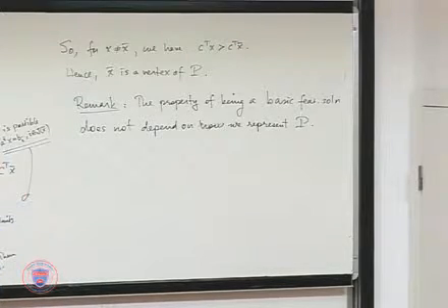Because basic feasible solutions are the same as extreme points, and extreme points don't depend on the representation. You have a set, and it doesn't matter how you represent that set. Let's talk about adjacent basic solutions now.